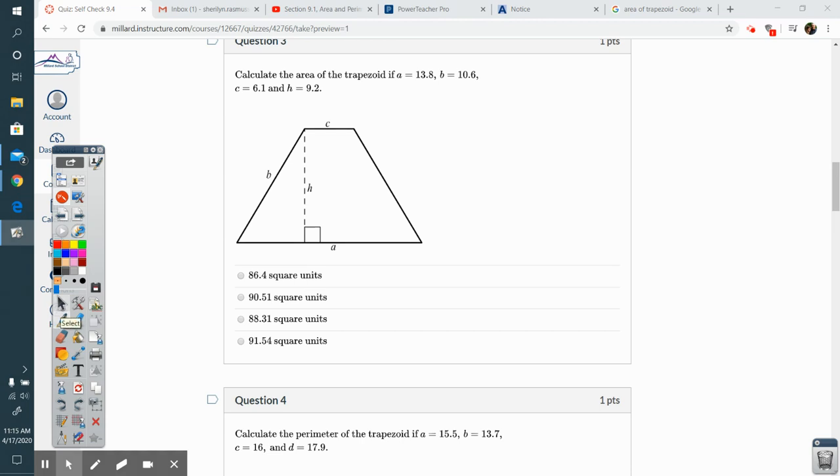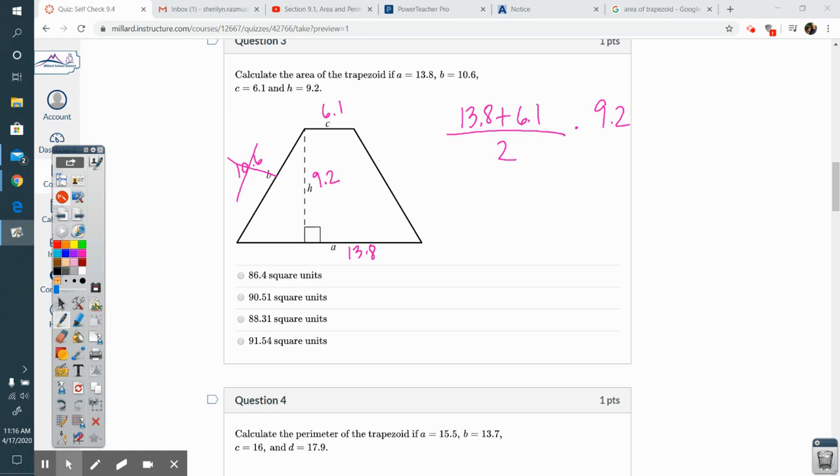Calculate the area of this trapezoid. If A is, let's get the pen, 13.8, B right here is 10.6, C is 6.1, and the height is 9.2. Well, this is extra information because I just need the two bases added together. You divide that by 2 and multiply by the height. So I take 13.8, add it to 6.1, divide that by 2, and multiply it by the height.